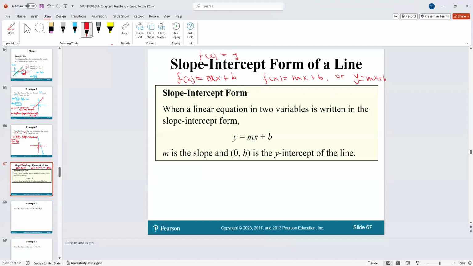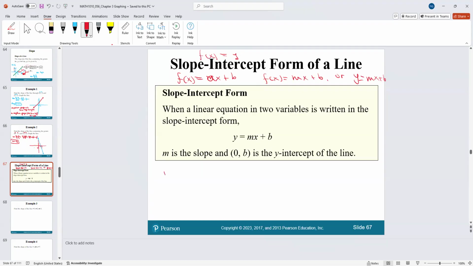Now, in y equals mx plus b, the coefficient of x, which is m, is the slope of the line, and b is the y-intercept.